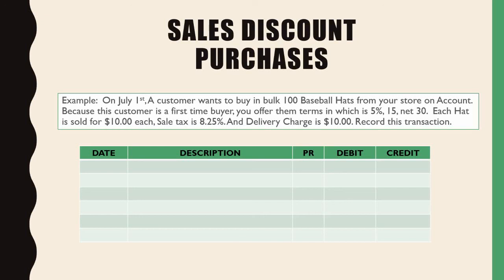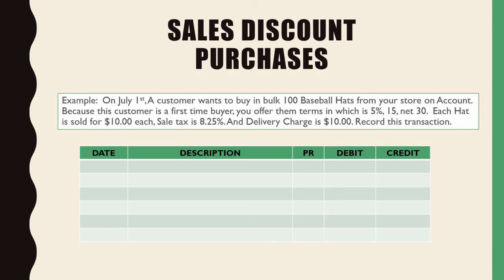So in this case, for example, on July 1st, a customer wants to buy in bulk 100 baseball hats from your store on account. And this is the first time the customer buys from you.